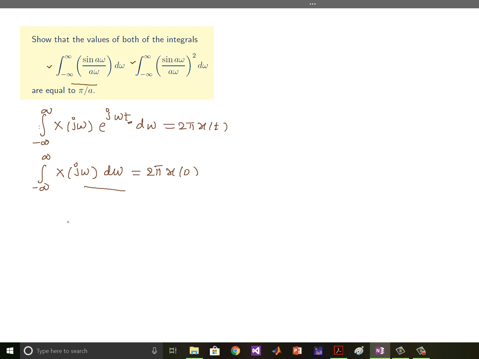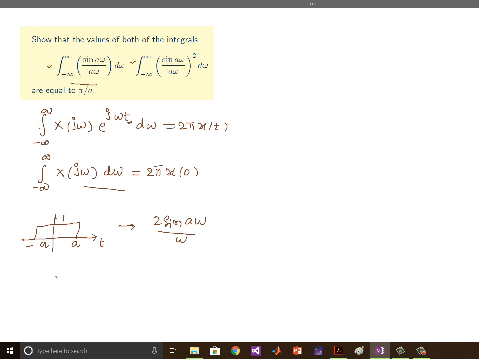If you remember, we have seen that the Fourier transform of a rectangular function from minus a to plus a with amplitude 1 is 2 sin(aω)/ω.